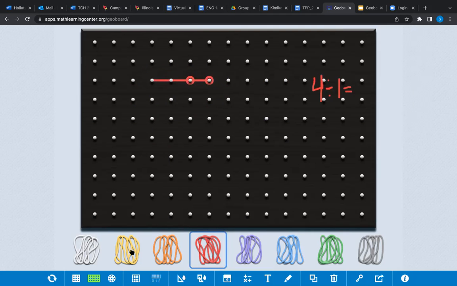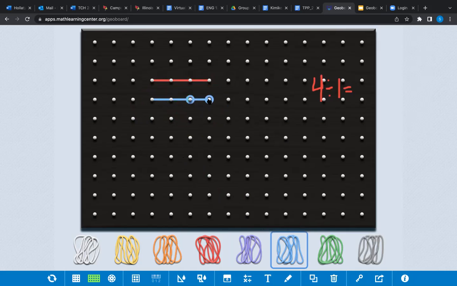So let's try to figure out how many times 1 goes into 4. 1, that doesn't equal 4. 2, that doesn't equal 4 either. 3 doesn't equal 4 either.